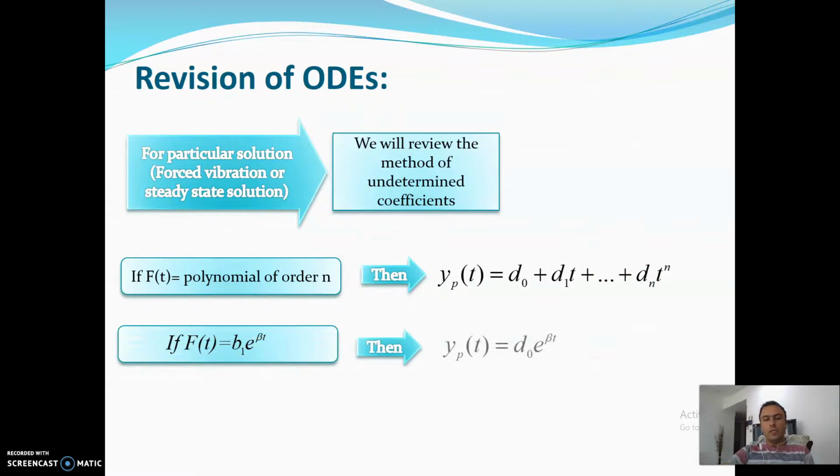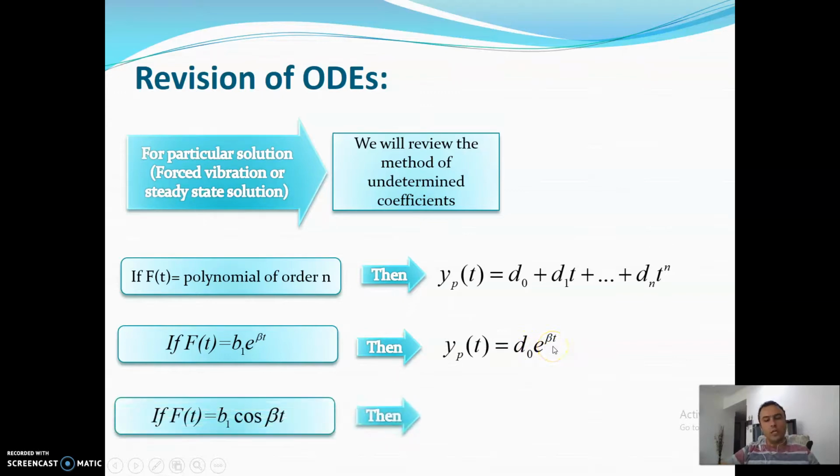If f(t) was an exponential function, we should consider the particular response exactly in the form of that exponential with an unknown constant coefficient d0. And finally, if f(t), the non-homogeneous term, was a cosine or sine term with a frequency beta, we should consider the particular response in the form of a summation of cosine and sine functions with the same frequency beta.